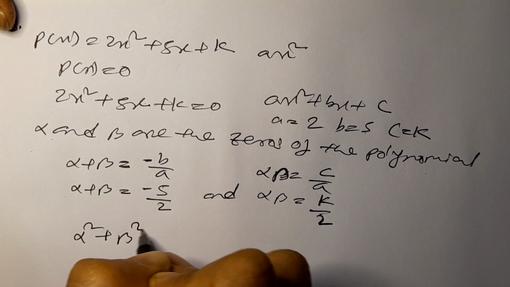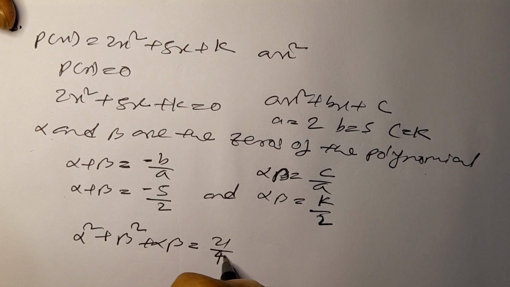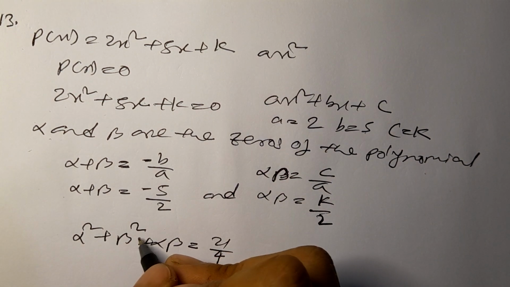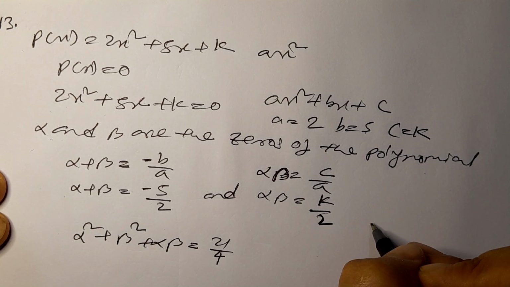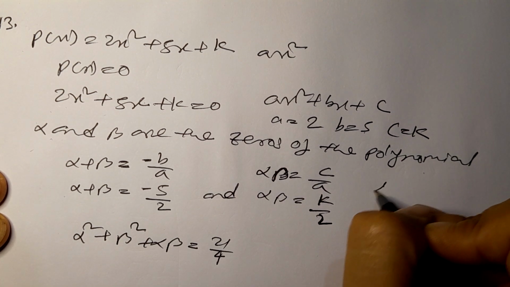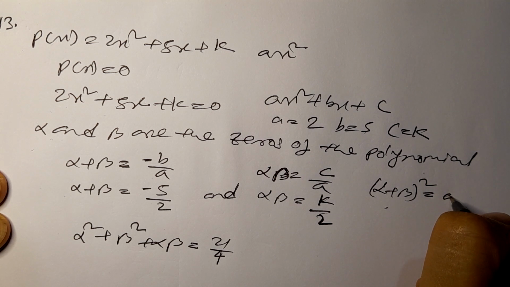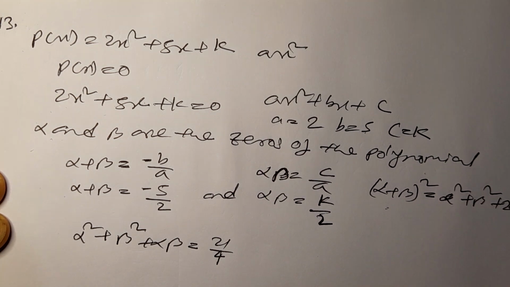Now one equation is given, that is alpha square plus beta square plus alpha beta equal to 21 by 4. Now instead of alpha square plus beta square, what can we write? I am going to use alpha plus beta whole square, which is alpha square plus beta square plus 2 alpha beta.